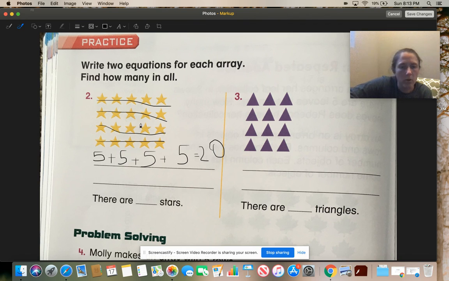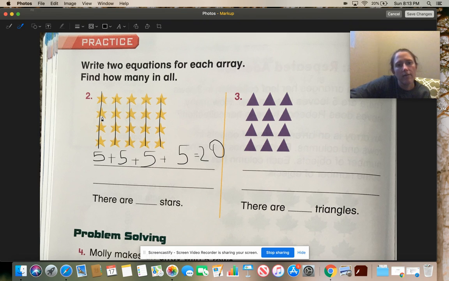Or if I wanted to, I could do columns. How many are in each column? Well, there is 4 plus 4 plus 4 plus 4 plus 4.